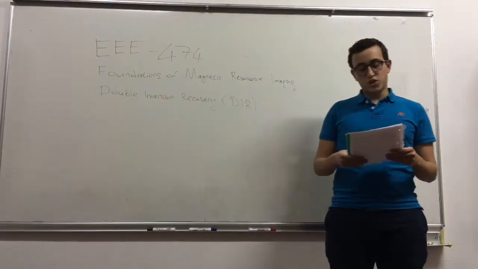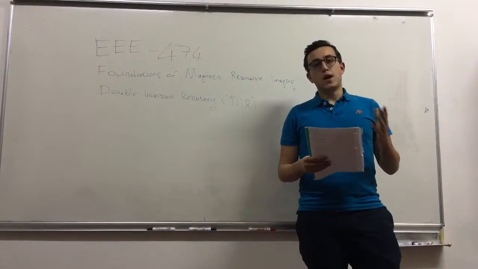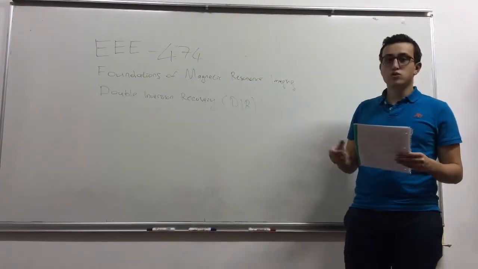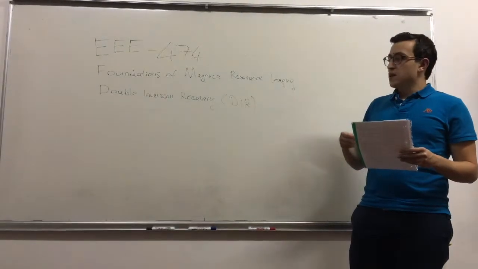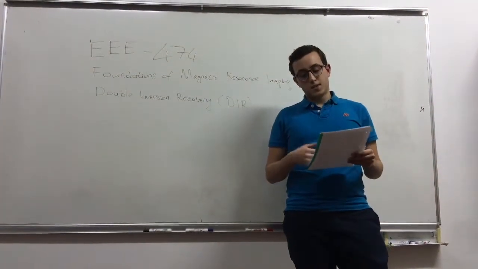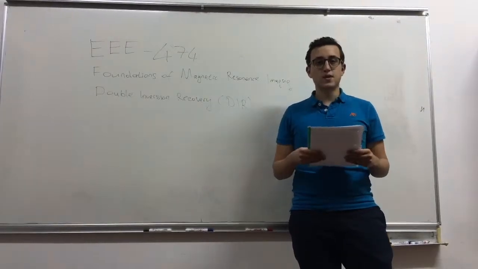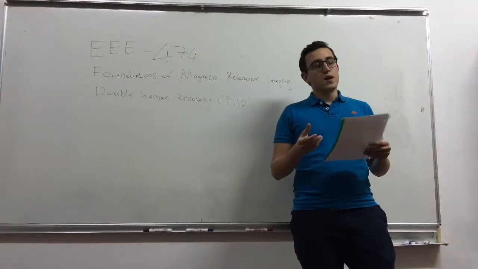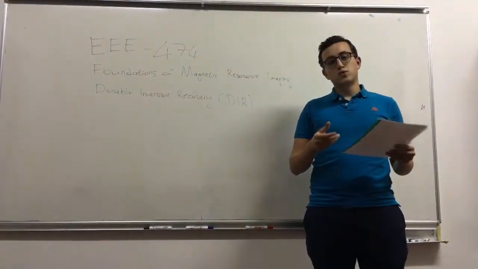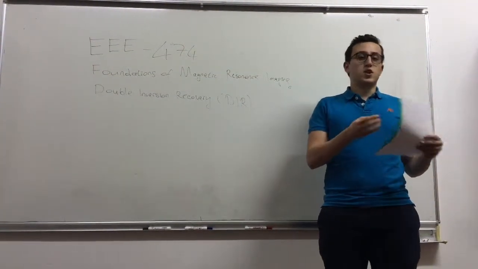As I have mentioned before, I will aim at explaining the double inversion recovery sequence of magnetic resonance. In magnetic resonance imaging, there are many sequences, and these sequences have some positive effects and some negative effects, so they are used for different imaging purposes.